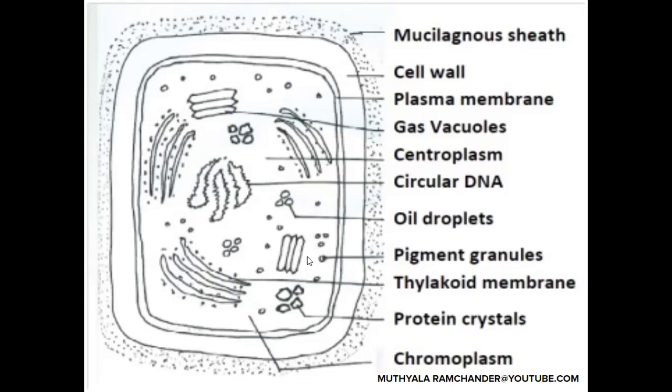In the cyanobacteria, three major cell organelles, endoplasmic reticulum, Golgi complex and mitochondria, are absent in the chromoplasm. During respiration, the plasma membrane is modified into a folded-like structure in a portion of the cell.